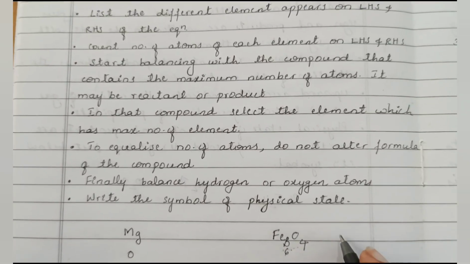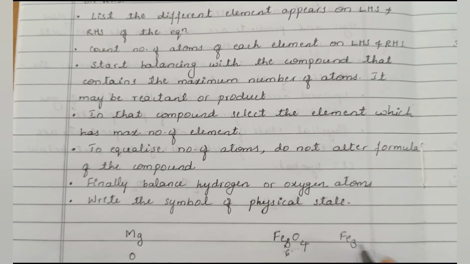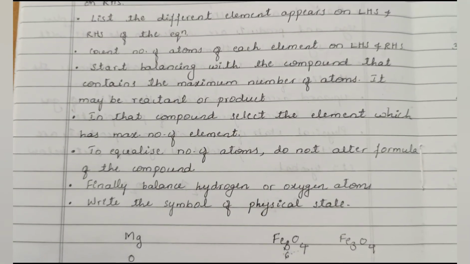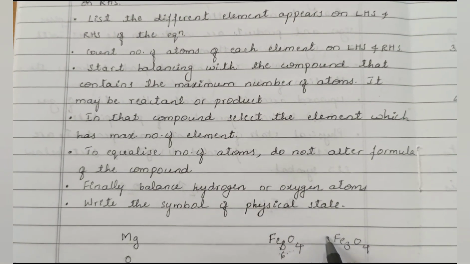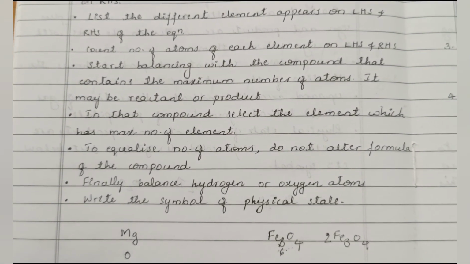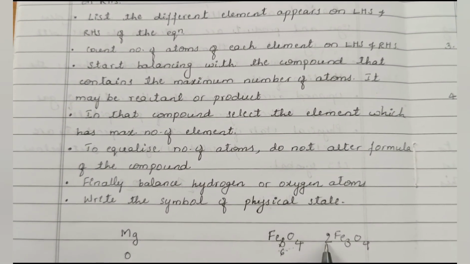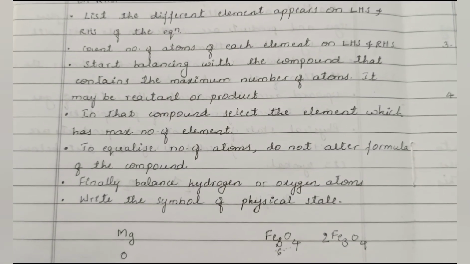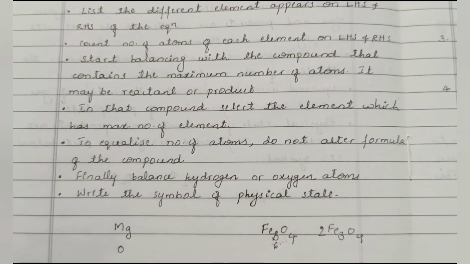If you have to make it 6, how do we do it? We have to multiply this entire term by 2. Now 2 into 3 becomes 6. This is the correct way to balance.